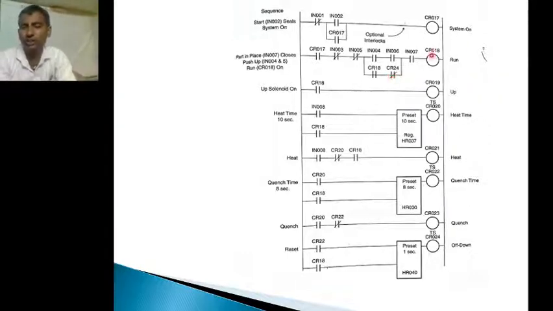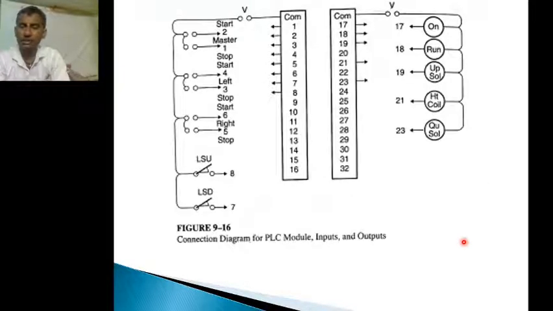So there is no path for CR018. If there is no path for the CR018, then there is no path for the upward direction. So the system will be reset and the mandrel which is at the top position will come to the downward position.